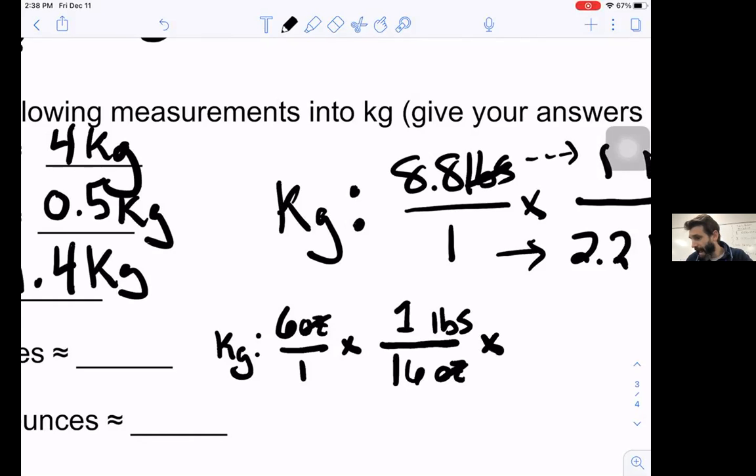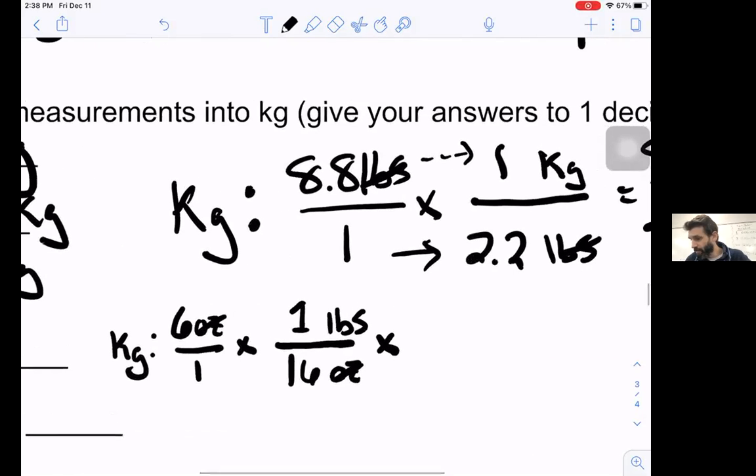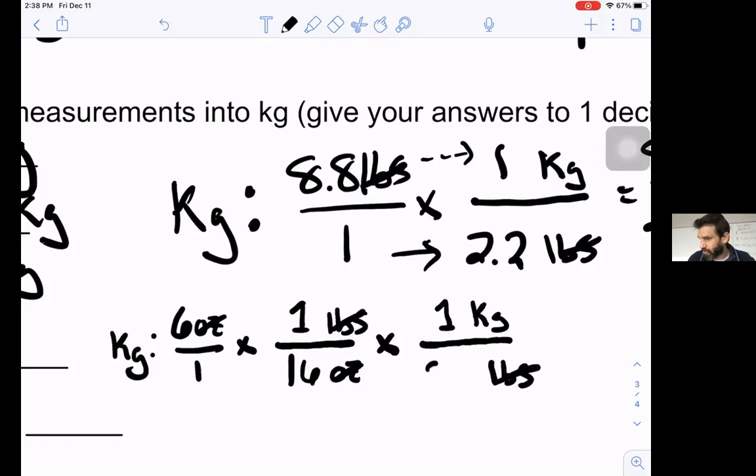So I add another space here and I put pounds on the bottom. Kilograms, what I'm looking for, needs to be up at the top. Pounds cross off, pounds cross off. And I know 1 kilogram is 2.2 pounds.